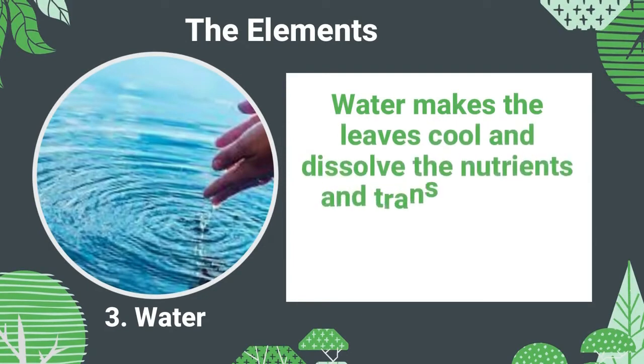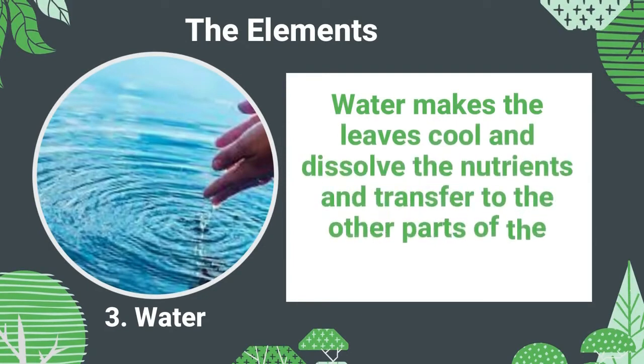The third element is water. Water makes the leaves cool and dissolves the nutrients and transfers them to the other parts of the tree. Water makes the leaves cool, same with humans, it makes us also cool.